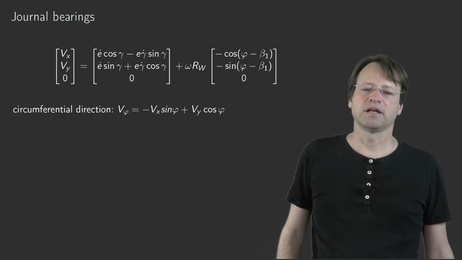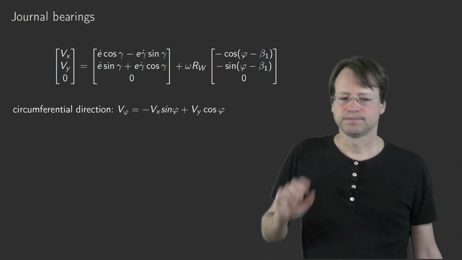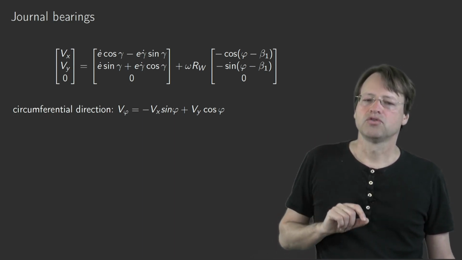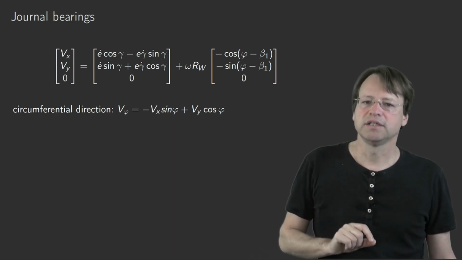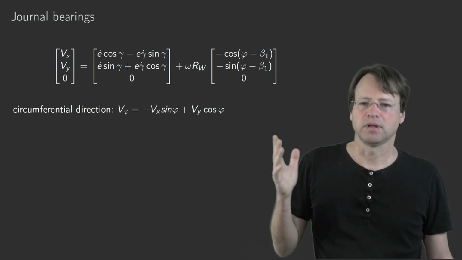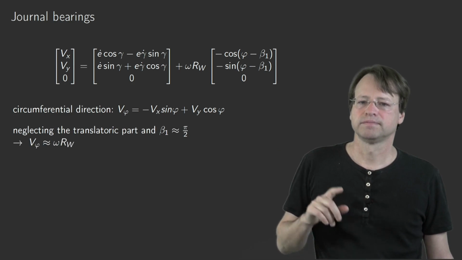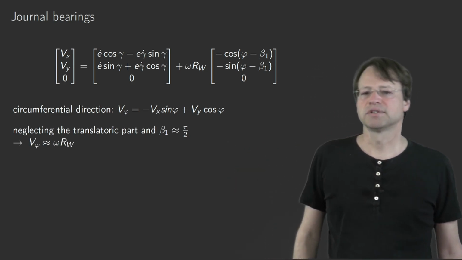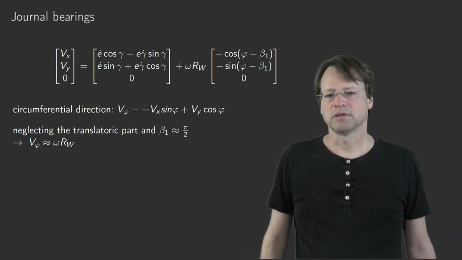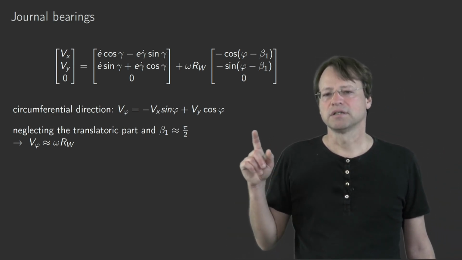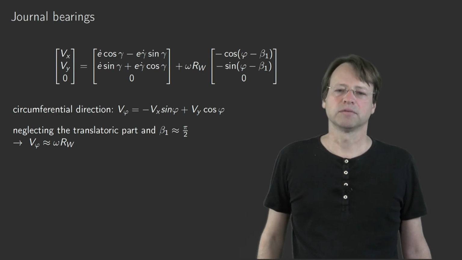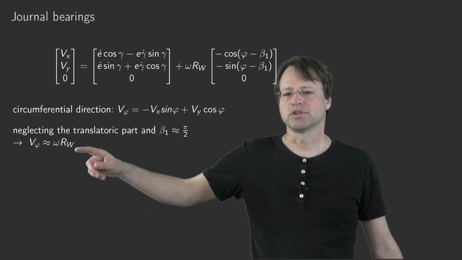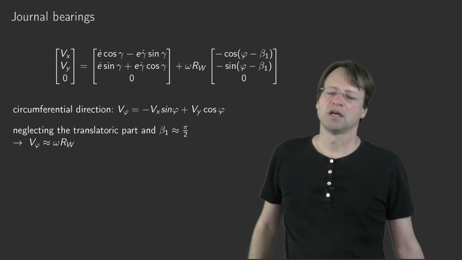If we take the angle beta 1, so it was the arc cosine of the argument, to be close to 90 degrees, then what you get is v sub phi approximately omega times r sub w. And this is the result I will work with here, with that approximation. So in circumferential direction, approximately, we get omega times r sub w.